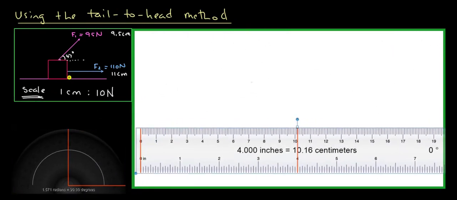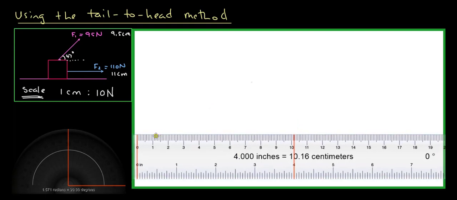Alright, so what I need to do now is draw the F2 vector first, and then I can draw the F1. You can start with the F1 or the F2, it doesn't really matter. But I'll start with this one here because it will make it easy for me to draw my F1 at an angle of 47 degrees.